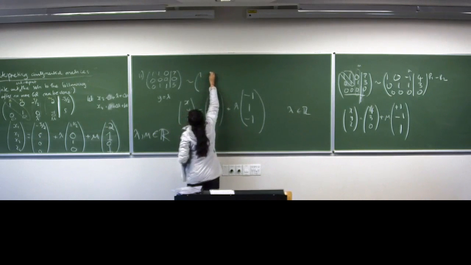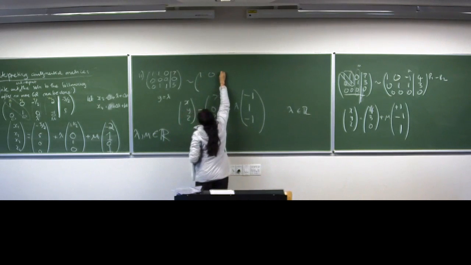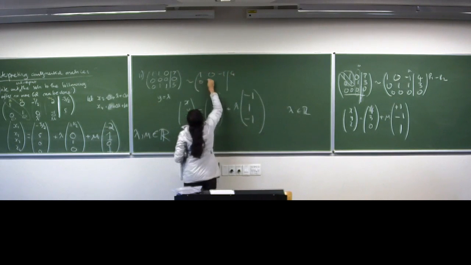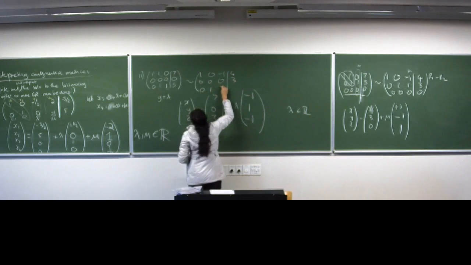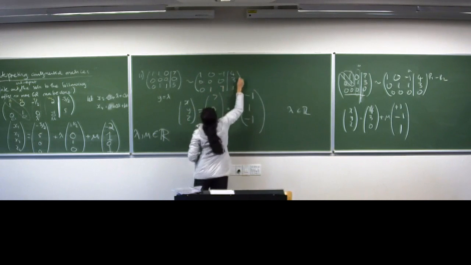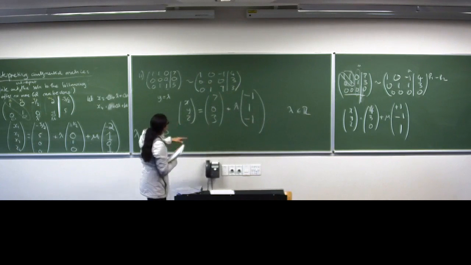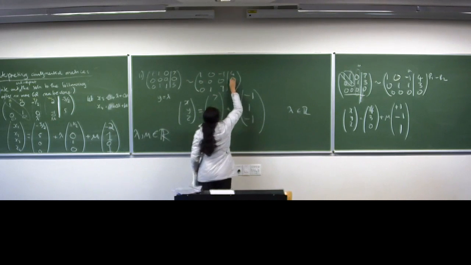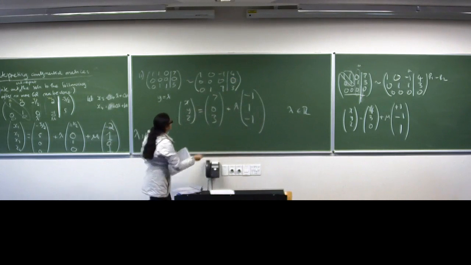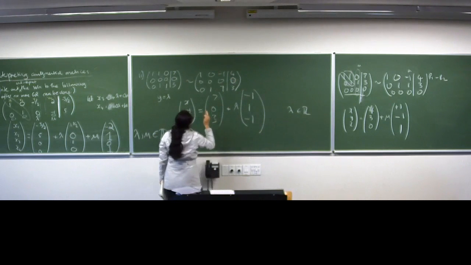It's the same thing. We'd get that 0, minus 1 and 4, 0, 0, 0 and 3, 0, 1, 1 and 3. So here we'd get 4, 0. Did I write this right? 4, 0, 3. Yeah, 403.